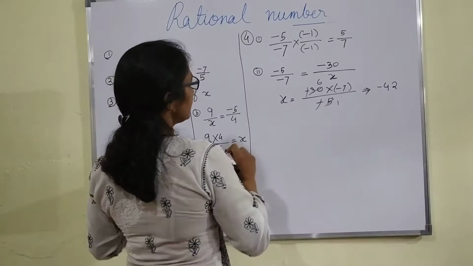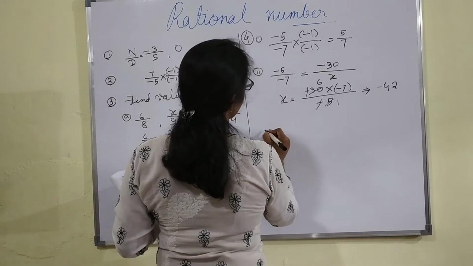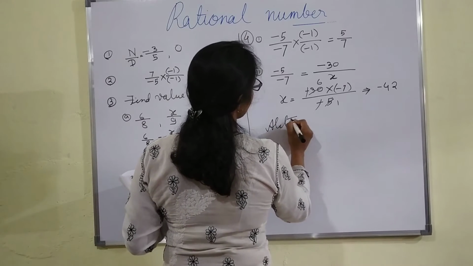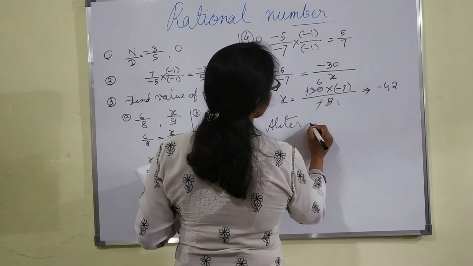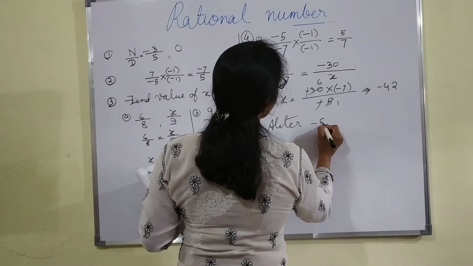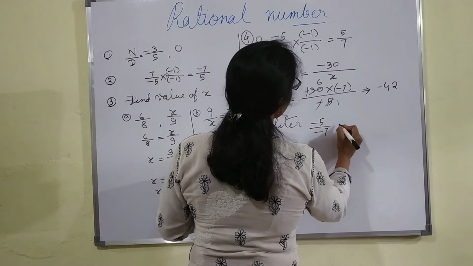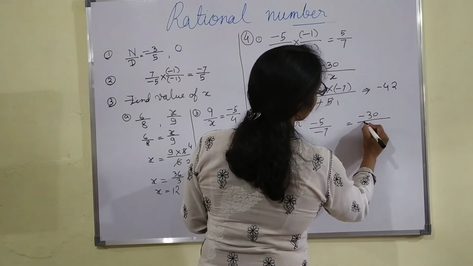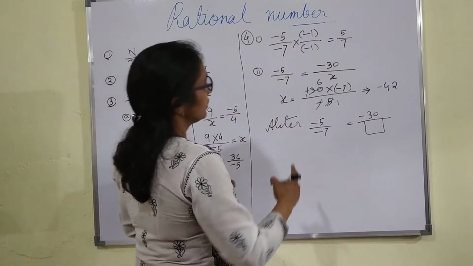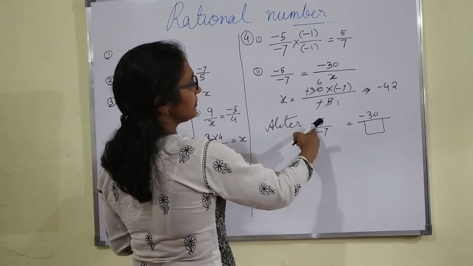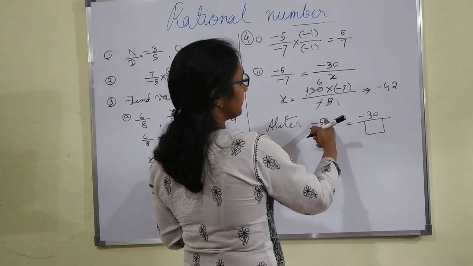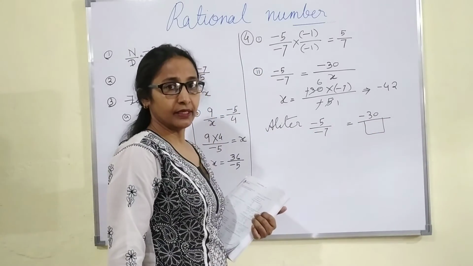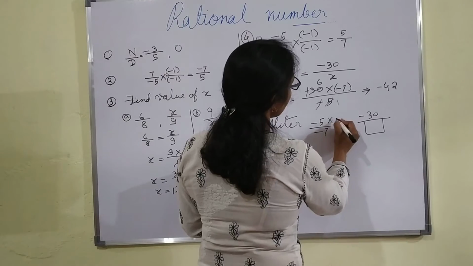Another method is minus 5 upon minus 7 equals minus 30. Now, what number should we multiply with minus 5 so that our answer is minus 30? 6.